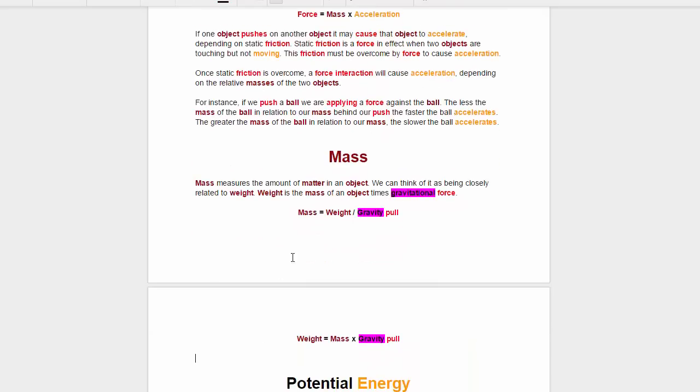Now we look at mass. Mass we can think of as similar to weight, but weight is mass times gravity pull, right? Mass is the amount of matter in an object. Our weight is going to be different on Earth than it's going to be on Mars or in outer space, but our mass is going to be the same. Mass is important to consider because in force interactions between objects, the relative mass results in different kinds of acceleration.